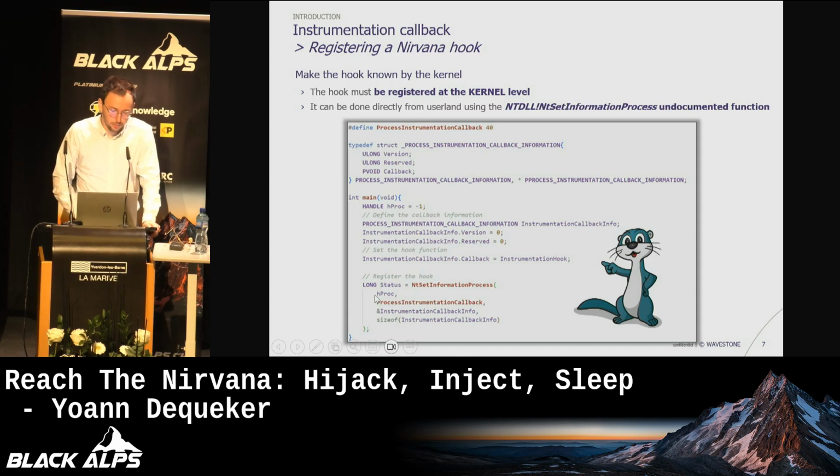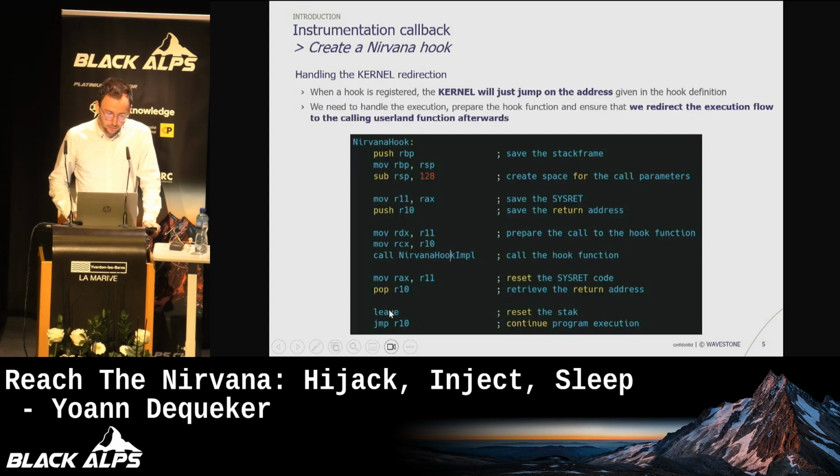We are giving it the process we are targeting, a specific value that says we are trying to add a Nirvana hook, and the address of the Nirvana hook we are trying to add. This address is just the address of the assembly code presented here.